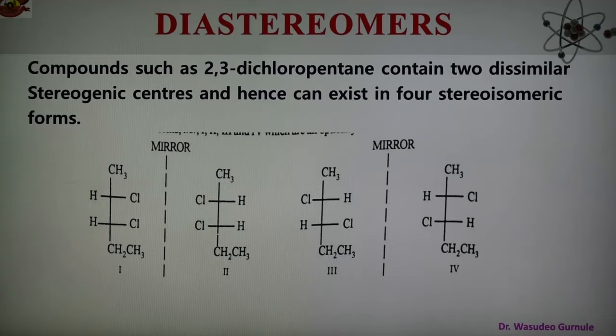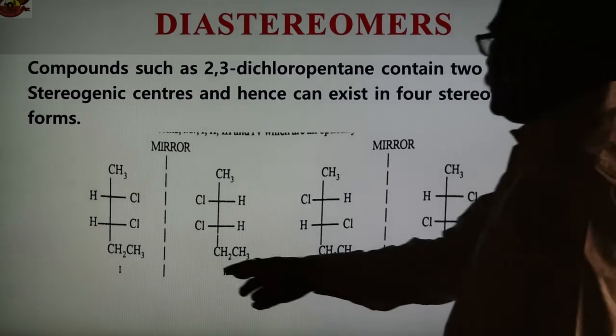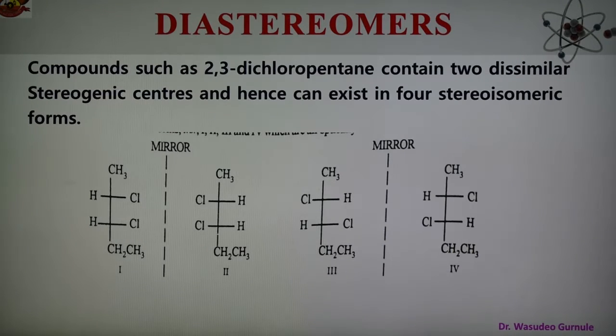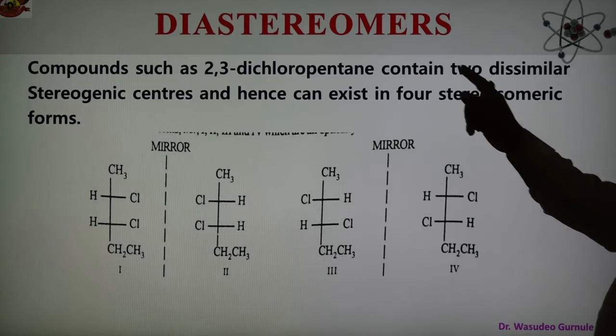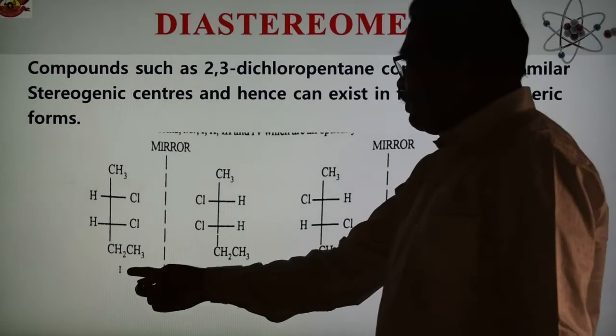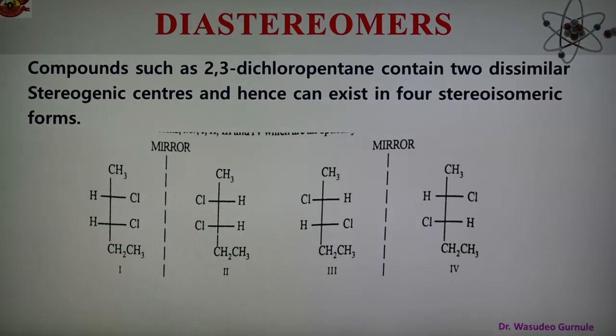Here 4 structures are shown: 1, 2, 3 and 4. So 2,3-dichloropentane has 2 dissimilar stereogenic centers, 2 asymmetric carbons are there, and it exists in 4 stereoisomeric forms: structures 1, 2, 3 and 4.